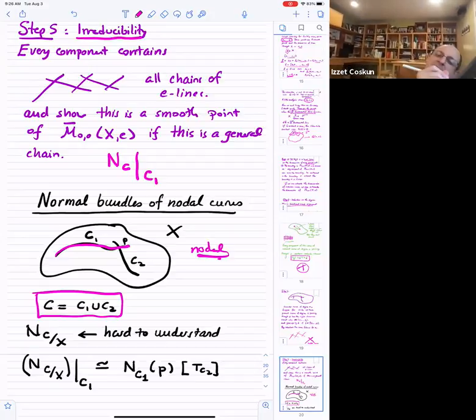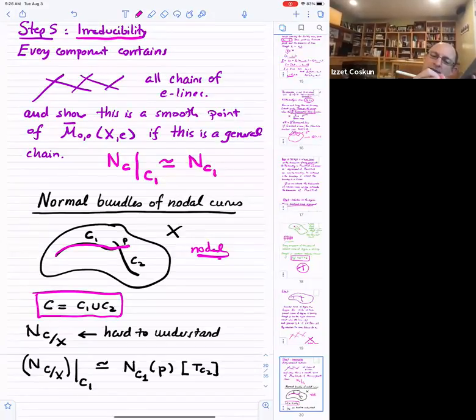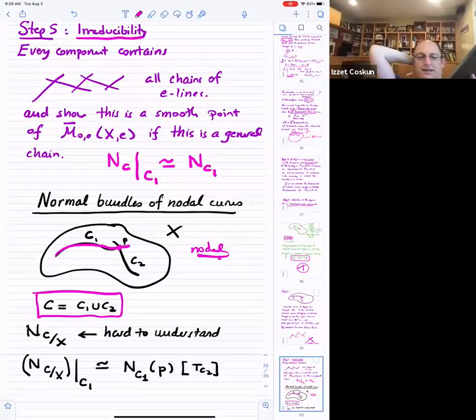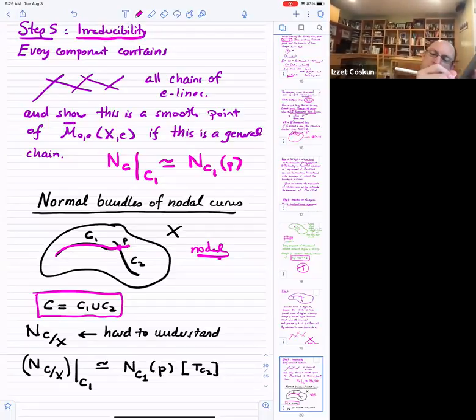But here the statement is this. This thing is the normal bundle of C1, except that you allow poles, and you twist by the point P, and you make an elementary modification in the direction of the tangent line of C2.